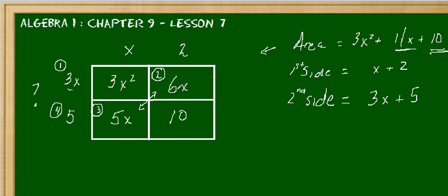Knowing this is 6x, we have to understand that for these two to equal 11x, this has to be 5x. So that was our third bit of information we found. It was an unknown. We had to figure it out. But knowing this is 5x, what do you multiply by x to get 5x? That's 5, and we actually answered it. And by simply doing our last step here, multiplying 5 times 2, we got 10, and we're able to check, yes, that is our answer. So our answer was 3x plus 5.